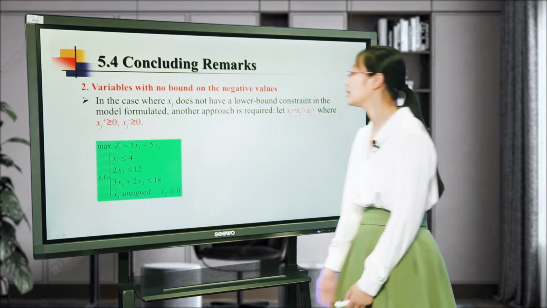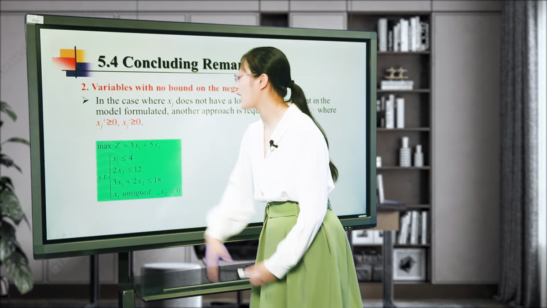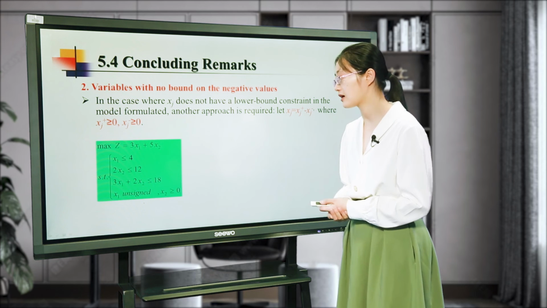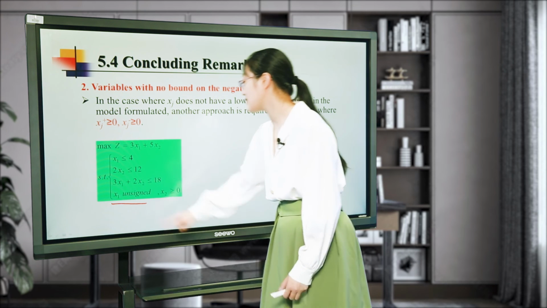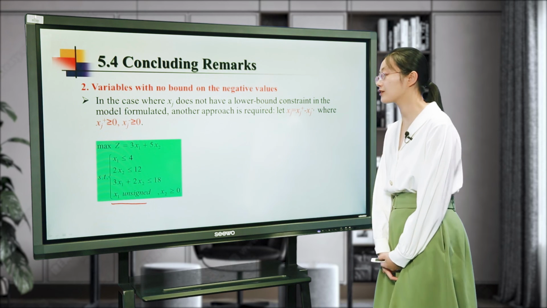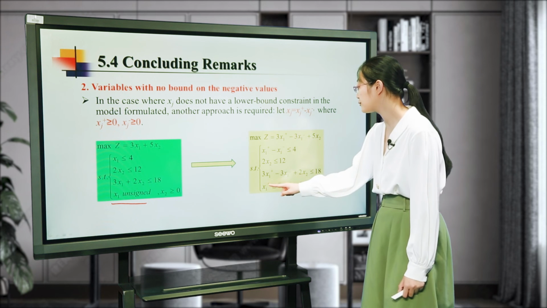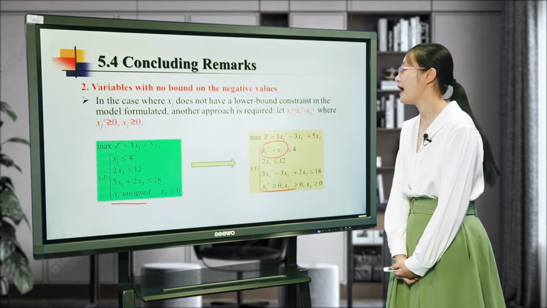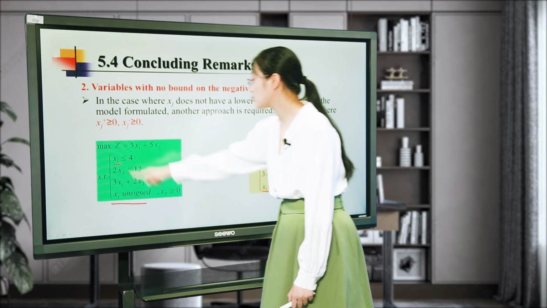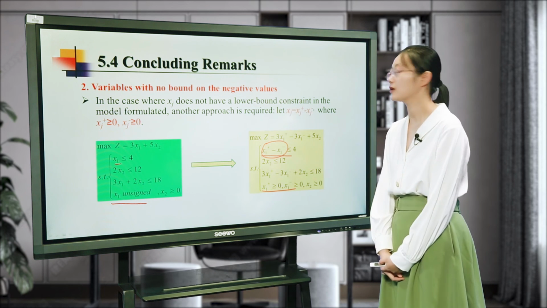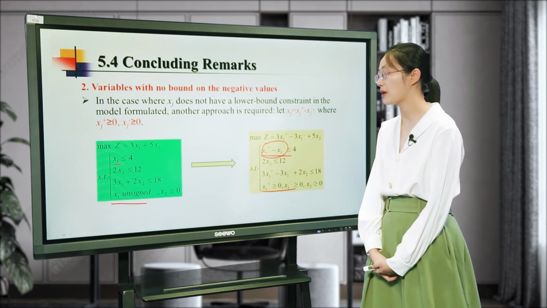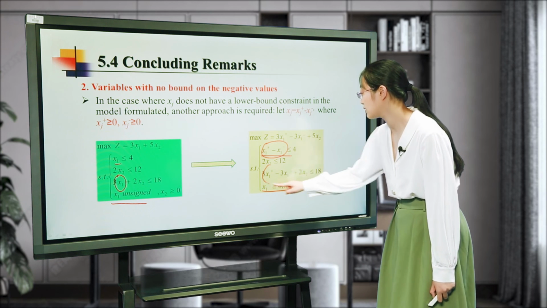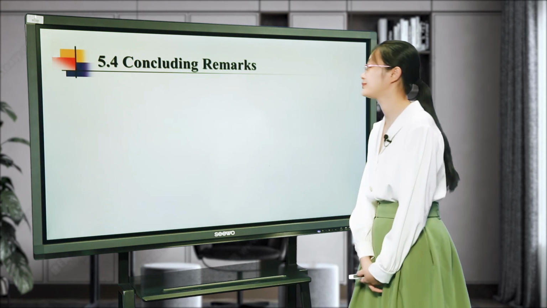So for example, if we want to reformulate our problem like this and change all the values to be non-negative, since x1 is unsigned, we can simply consider it as a difference of two variables, where both variables are non-negative. And then the expression of x1 will be replaced throughout by x1 plus minus x1 minus. For example, here we have x1, and then we replace it using the same expression.